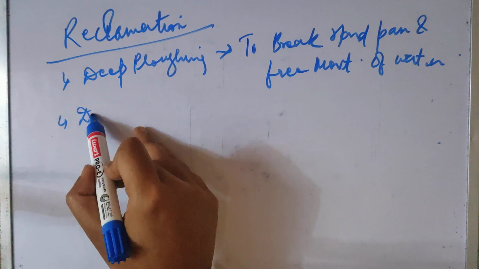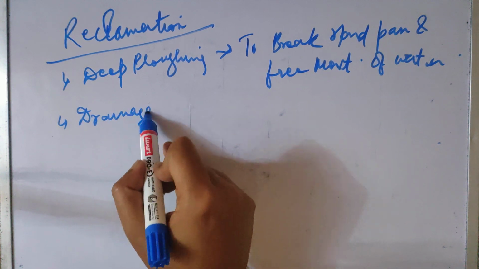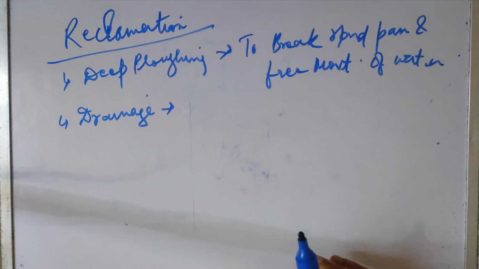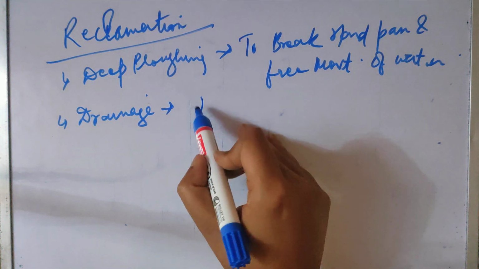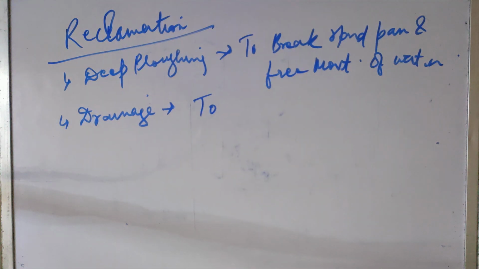Good drainage improves aeration and helps removal of salts from the root zone.